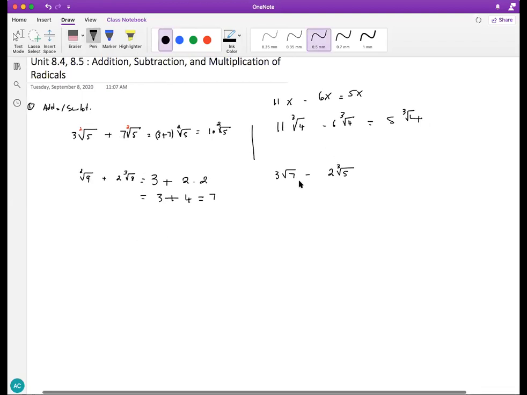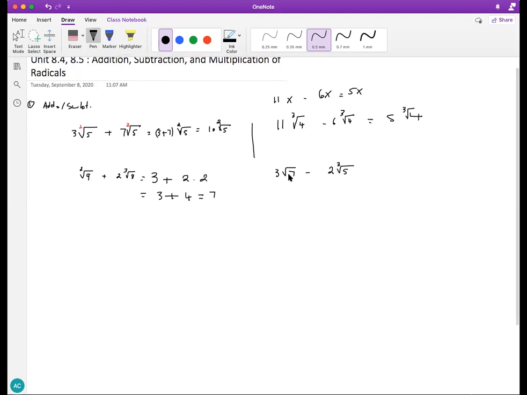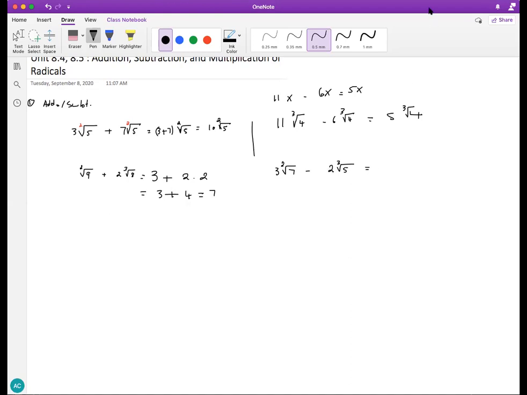All right, so now there's another example. Again, we have radical 7, so the index is 2 here, invisible, minus 2 radical 3, 5. Can you subtract these two right away? No. Also, we can't simplify them.